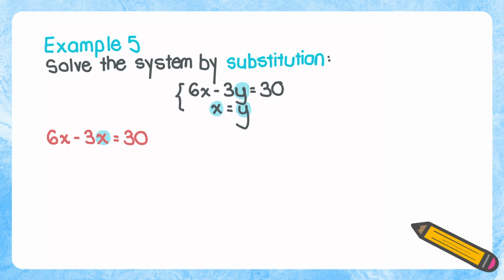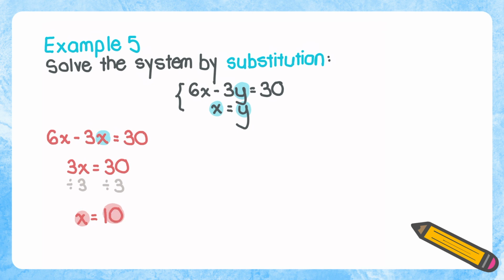I replaced y with x. 6x minus 3x is 3x. And to isolate the x, we divide both sides by 3. And so x equals 10.